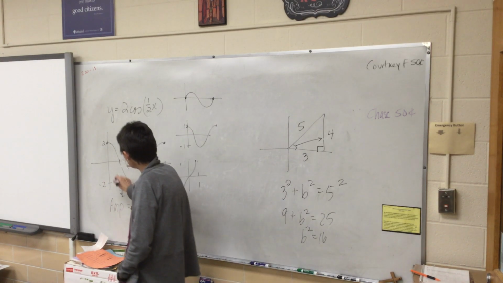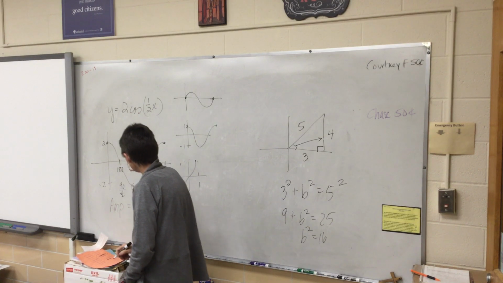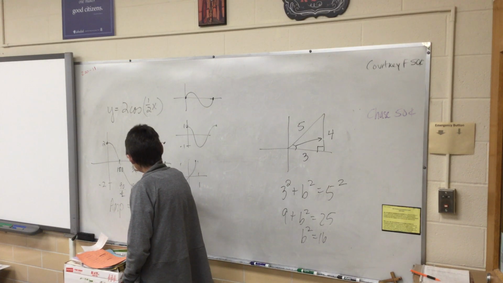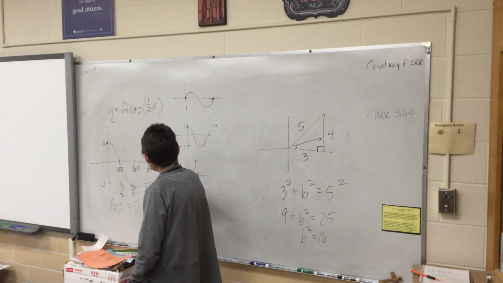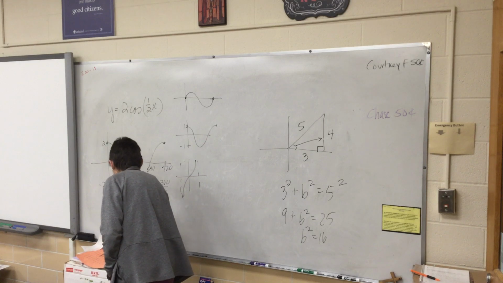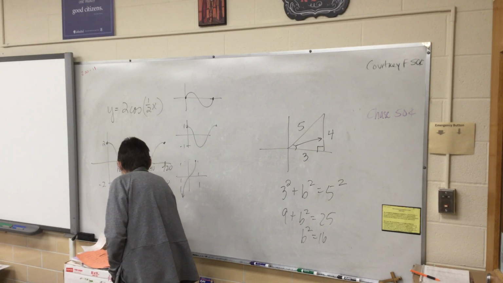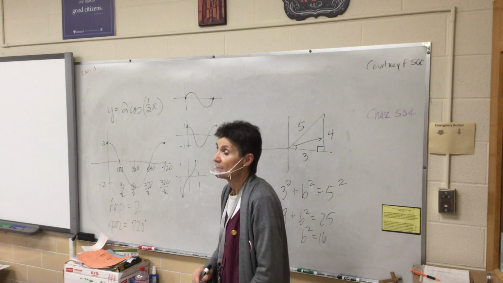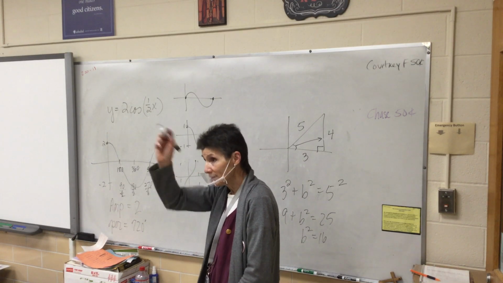So instead of 90, it'll be 180, 360, 540, 720. That's your period. If the question says, what's the period? You'll say 720 degrees. That's where it ends. That's one cycle of it.